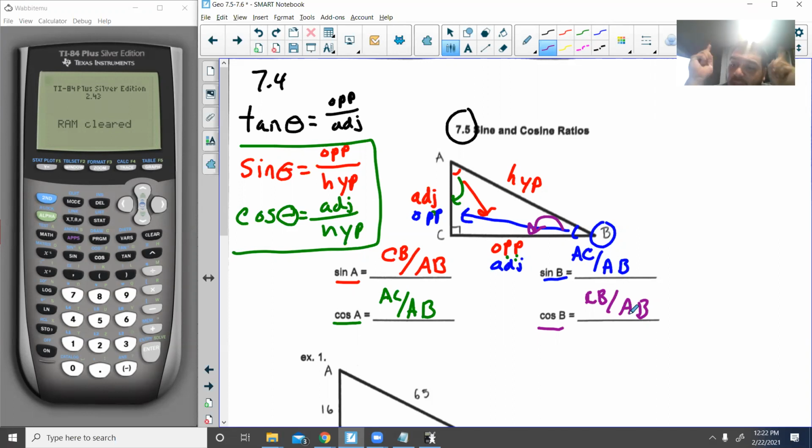A unique relationship occurs where the opposite trig function of the opposite angle matches each other. So the cosine of A is the same as sine B, and the sine of A is the same as cosine B. Sine and cosine, you could feel they are opposite, and angle A is the opposite of angle B. That's the other corner.